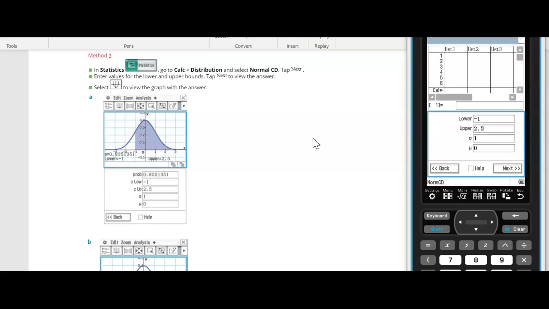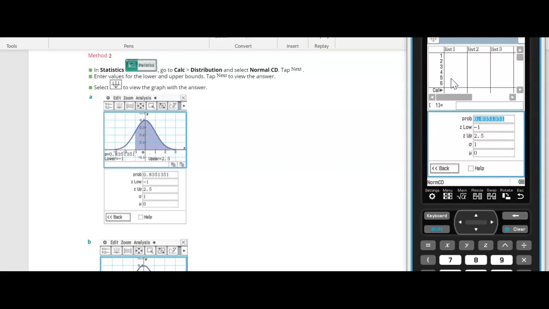And your mean and your standard deviation are just 0 and 1. They're not always going to be 0 and 1, but we're just looking at the standard normal distribution for now. But in a sec, we'll go through questions where the mean and the standard deviation are not standard. That just means in the question, it will tell you what your mean and your standard deviation are. All right, so there's your probability.